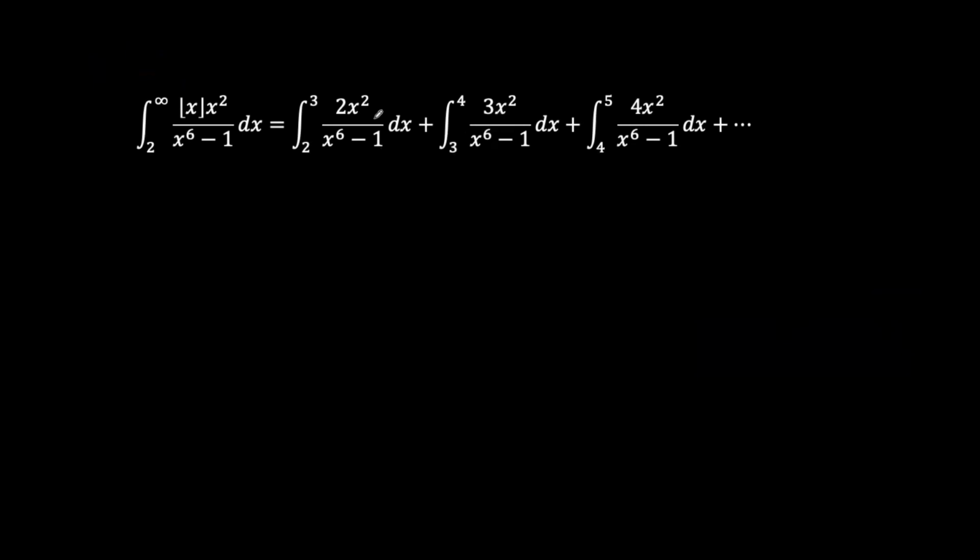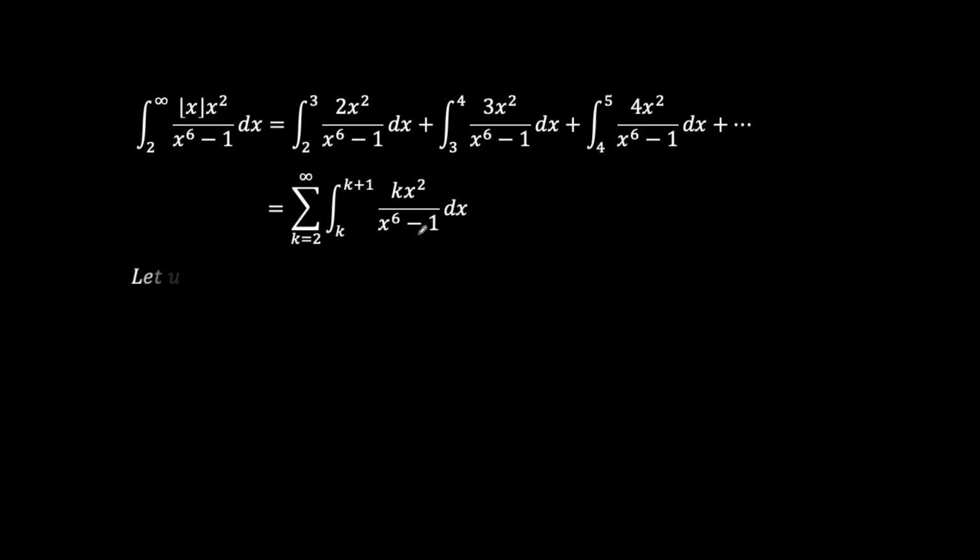In that interval, the floor function is 3, so 3x squared over x to the power 6 minus 1, plus the integral from 4 to 5. In that interval, the floor function is 4, and so on and so on. So the general way of expressing that is the summation from k equals 2 to infinity of the integral from k to k plus 1 of k x squared over x to the power 6 minus 1.